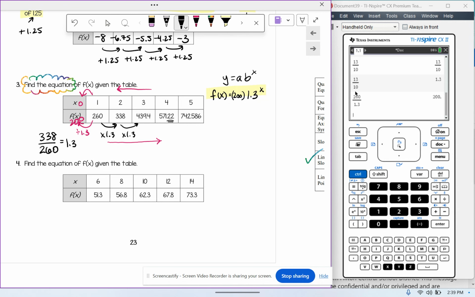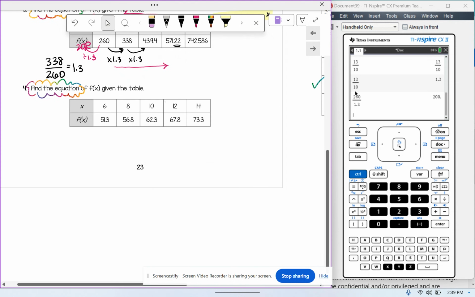Number 4 says find the equation of f of x given the table. Same idea. My answer is going to be an equation that models this table. So this table looks like it's going up where we have a 3 and an 8, a 0.3 and a 0.8. This looks like I'm adding the same number every time. So in order to investigate and see if this is in fact a linear function, I'm going to take the second number minus the first to see how I get from the first to the second.